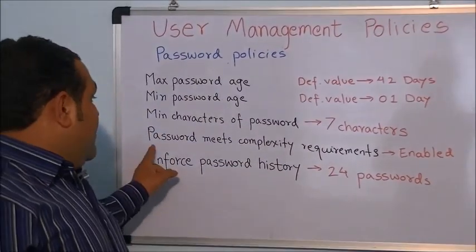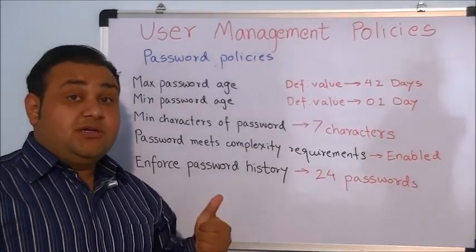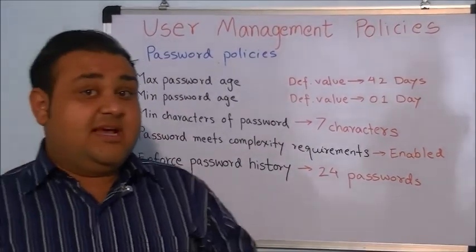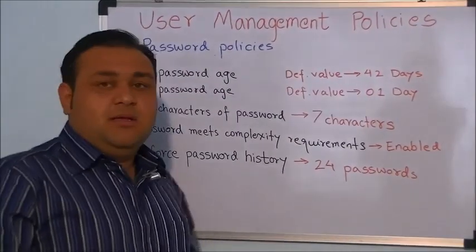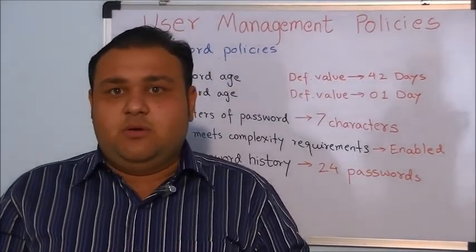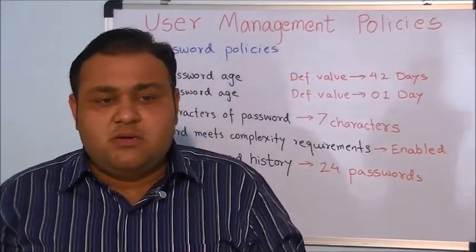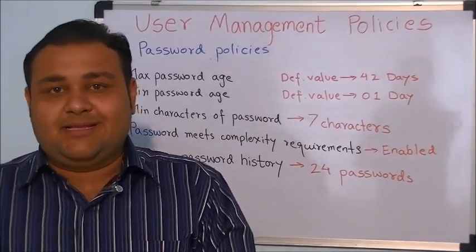Password meets complexity requirements is enabled by default, so users have to create a password which has all 3 types of characters. If we disable this configuration, then the user can make any password by using only numbers or only letters or only characters as he likes.